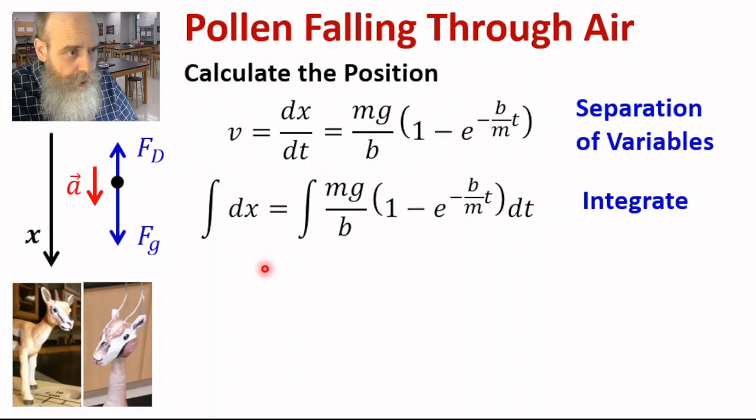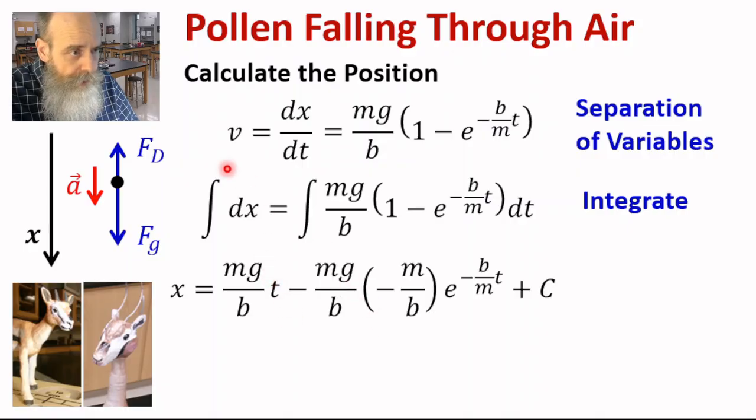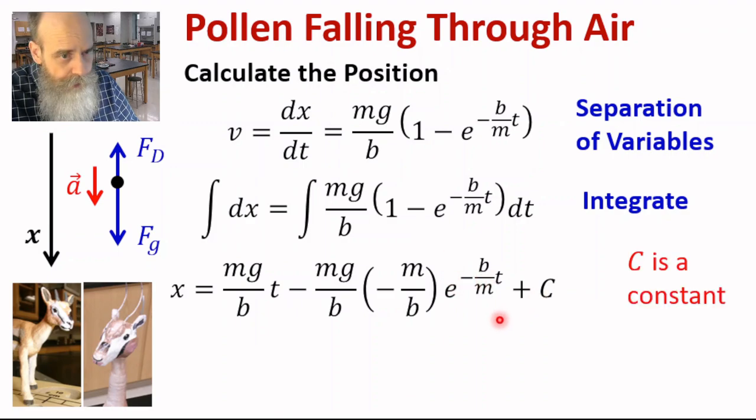So let's do that integration. The integral of dx is just x. Then the integral of this first factor, 1, is just t. So mg over b times t. Then we have the constant negative mg over b, times negative m over b, times e to negative b over m t, plus c. c is a constant.